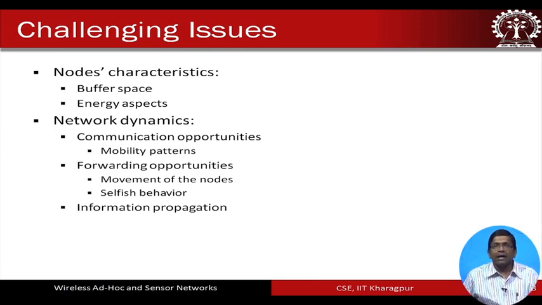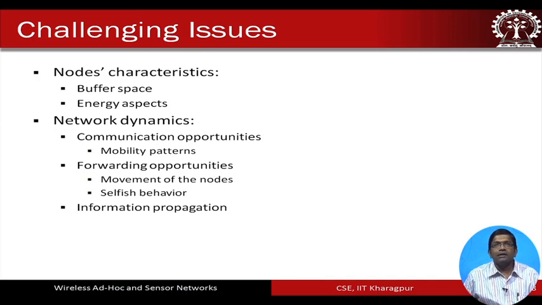In terms of network dynamics, there are different issues with respect to mobility. Mobility is very important because, as I told you before, the nodes in these networks come in contact with one another, but when they come in contact, and how long the intercontact time and the contact duration are going to be, meaning how long they stay connected once they come in contact, are very important issues.